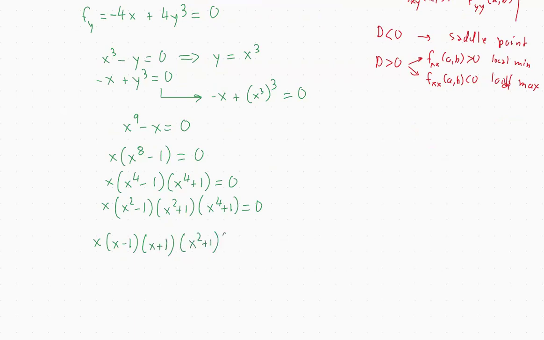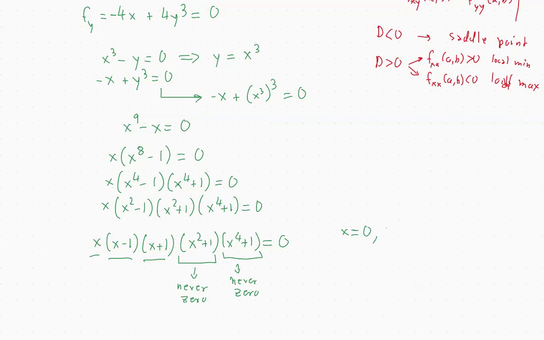So now, this part is never 0. I mean, it's a non-negative number plus 1. This part is also never 0. So what are the possibilities? This could be 0, that could be 0, and that could be 0. So we can easily find that x is equal to either 0 or 1 or -1.